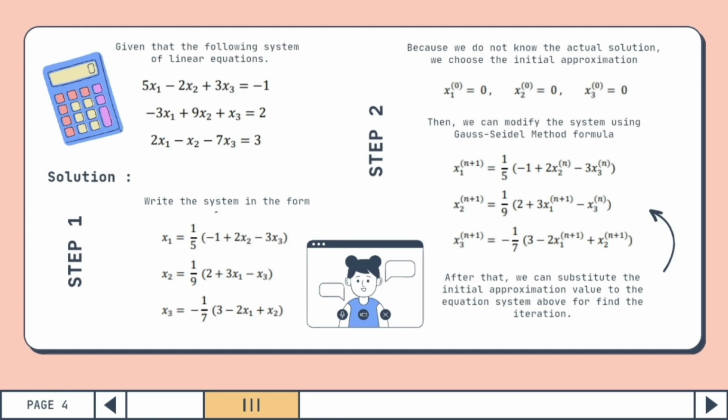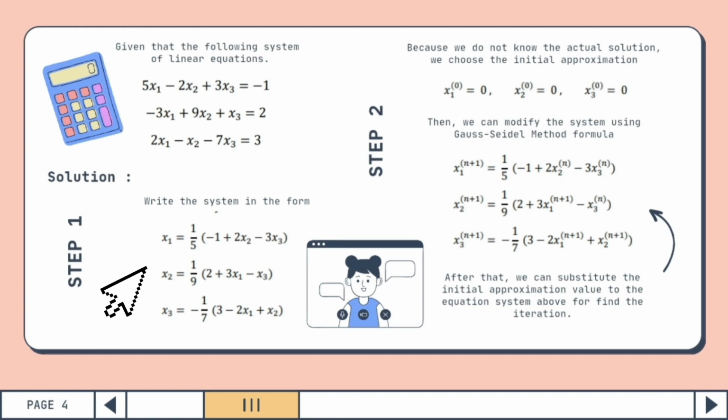For this kind of linear equation, the first step is to rearrange each equation so that the left hand side is a single variable: x1, x2, and x3.